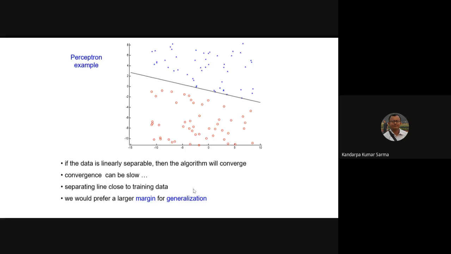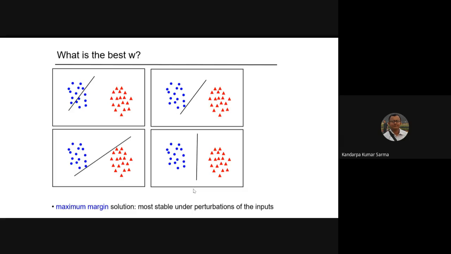Then a larger margin is required for generalization, and we should guarantee that there is less chance of memorization. So how do we select the best W?